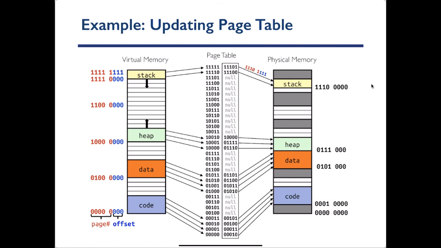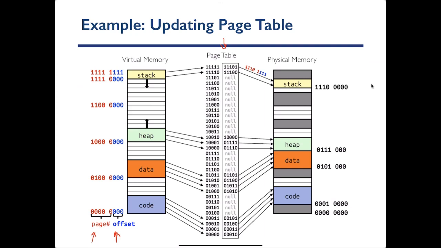Here is another example. Let's assume that your pages are 8 bytes, so you need 3 bits of offset. That's what you're seeing here. So each page is 8 bytes, and the rest of the bits are used for the virtual page number. Now assume that this is your page table that you can see in the middle.